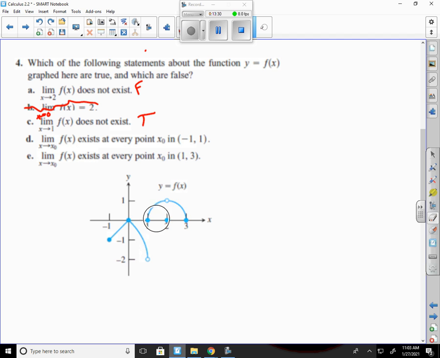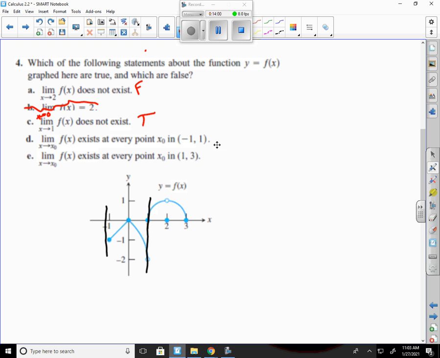The limit as x approaches x naught of f of x exists at every point x naught in -1 to 1. So I'm looking from this interval from -1 to 1, do they all approach some point from the left and right? And that's not including 1, so I can't go higher than 1 to check this.